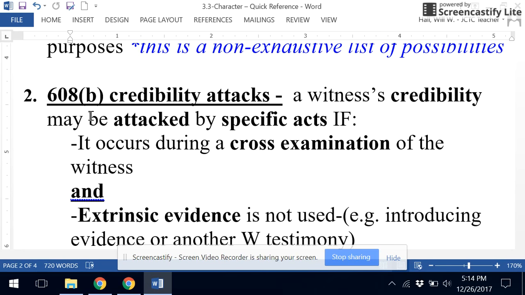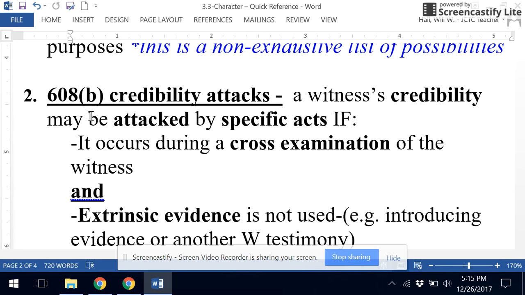That means that if you ask a witness, "Hey, isn't it true that you posted on Facebook that you like to deal drugs and sell them and beat up people that don't pay for them?" If they deny it, you can't introduce their Facebook post to show that they are actually lying. You can't call another witness to show that they're actually lying, because under 608(b), you cannot impeach someone with an extrinsic piece of evidence.